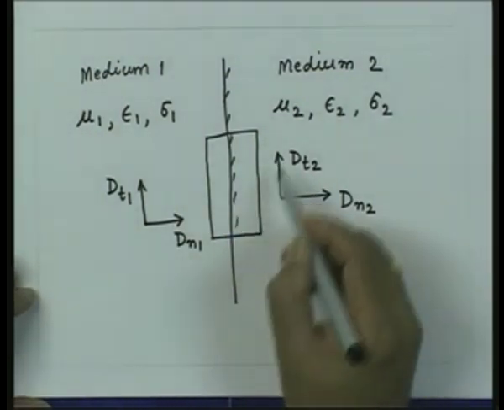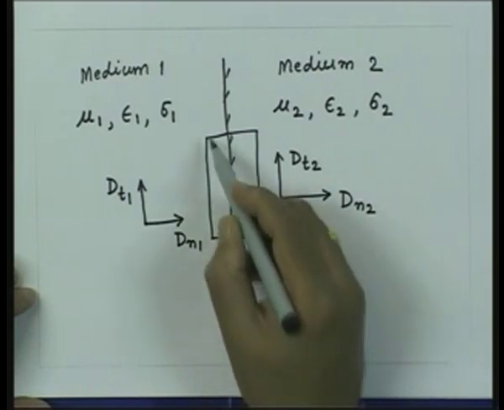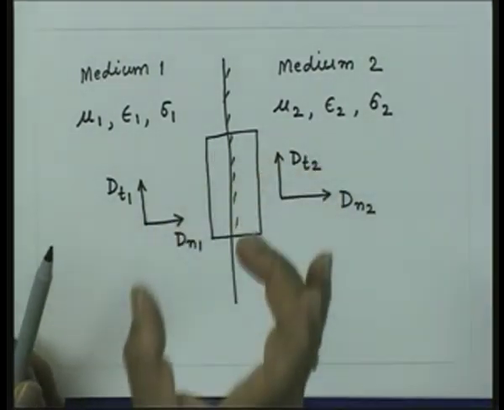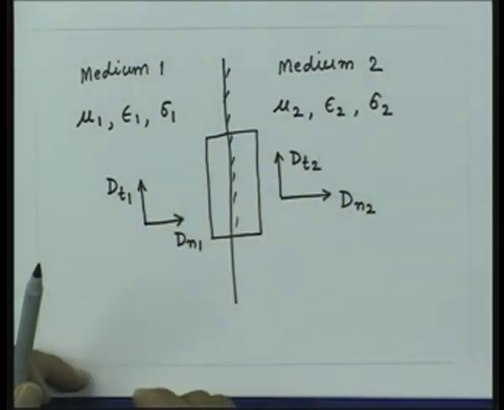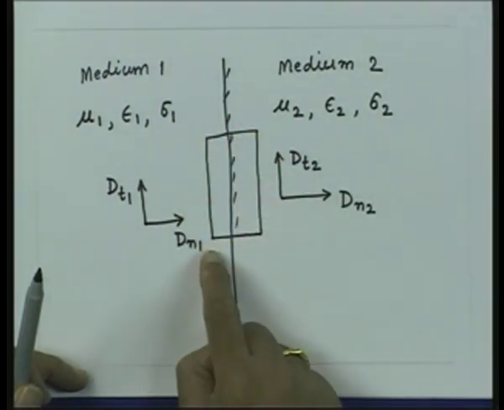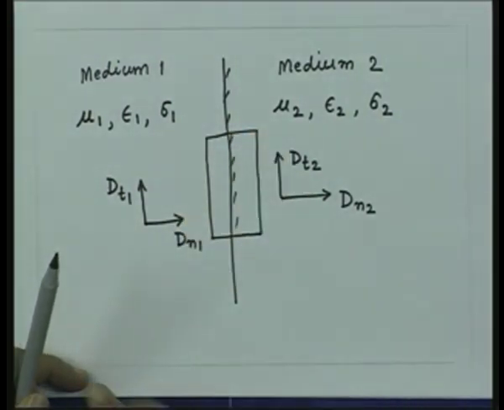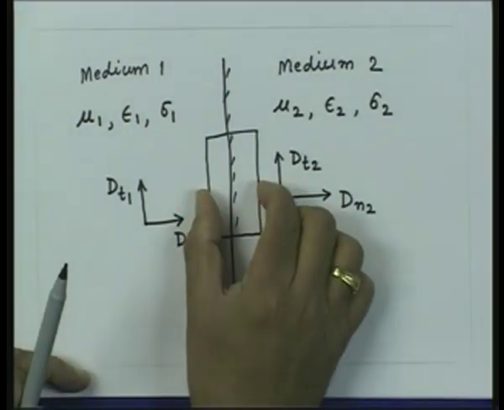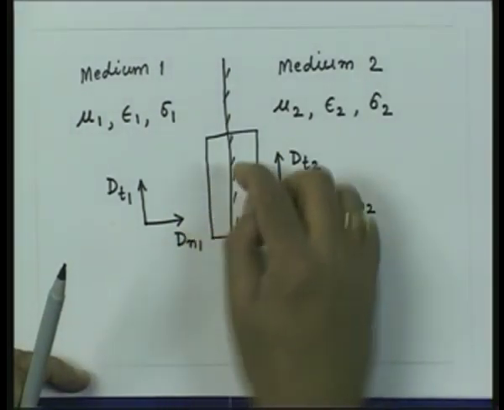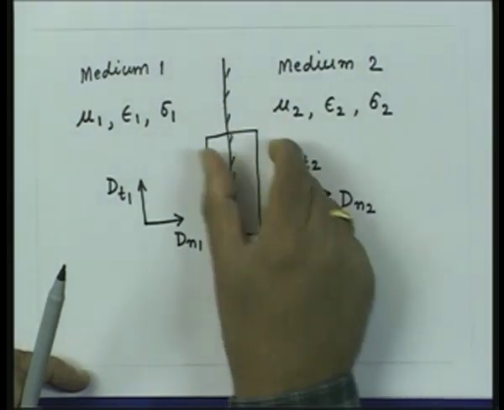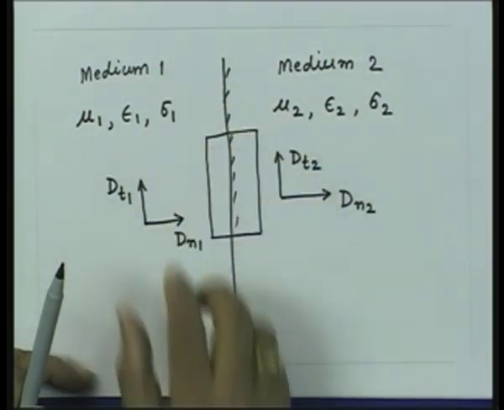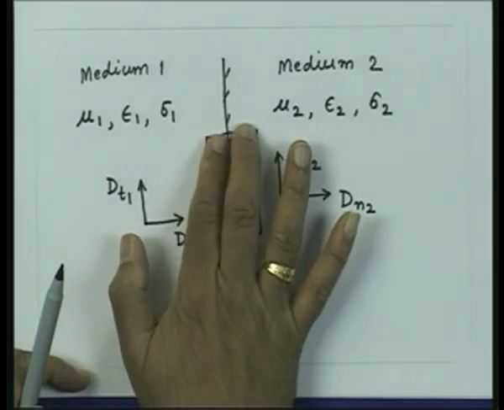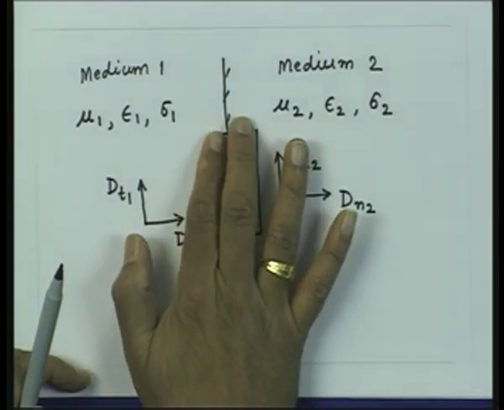Now the normal displacement coming from this box, the box is perpendicular to this. So I am seeing essentially the end view of the box. When the box size goes to 0, the displacement coming out of this side will go to 0 because this length is going to 0. So the net displacement coming from this side of the box will be equal to 0.